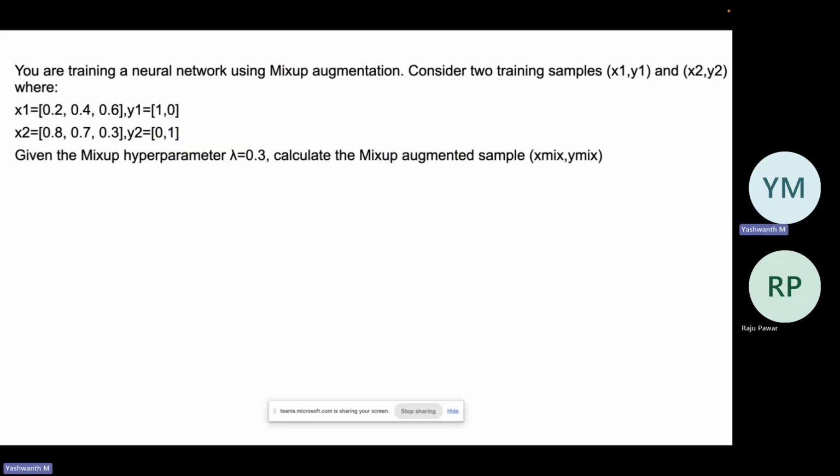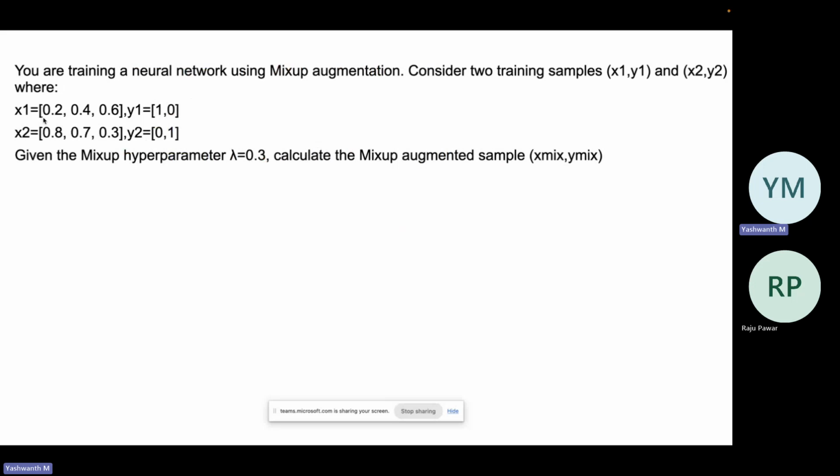And this is something called mixup augmentation. Are you familiar with mixup? Yes or no? I'll go over it quickly once we solve this. Mixup is a data augmentation technique to improve the generalization of the model.